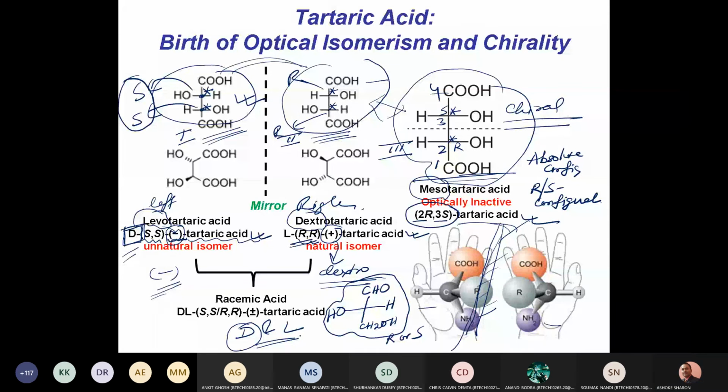Okay. So the D and L configurations and the R and S configurations, these things we will discuss in our next class with an example of glyceraldehyde. D and L configuration is a relative configuration and RS configuration is an absolute configuration.